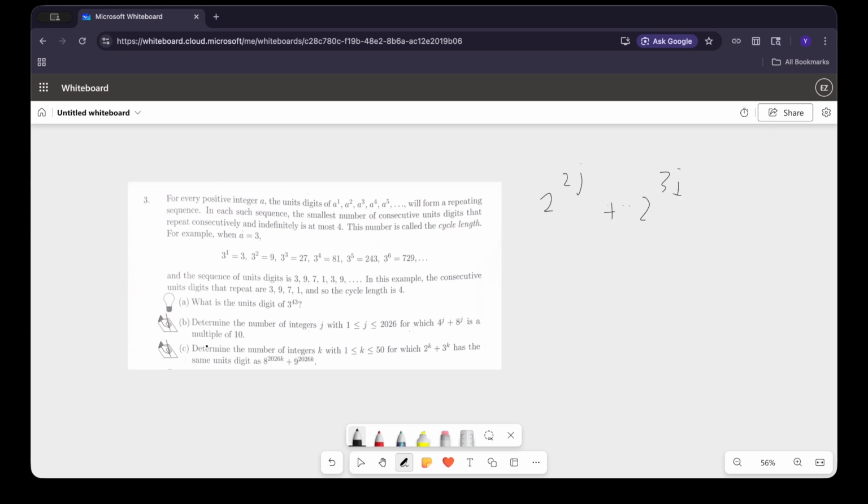And we're looking for a multiple of 10, which means the unit digit should end with 0. By observing the unit digit cycle for 2, we see it has a cycle length of 4, in a pattern of 2, 4, 8, 6. So the only possible cases are 2 plus 8 and 4 plus 6.